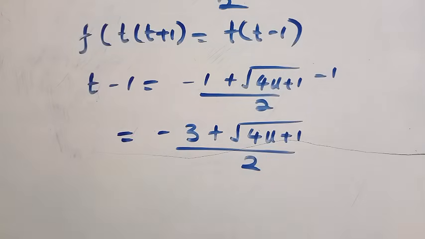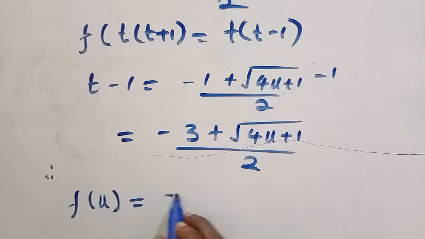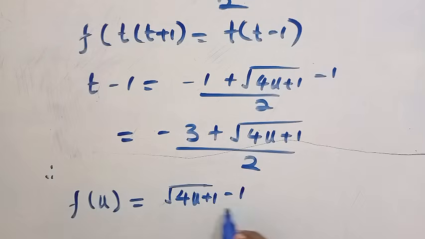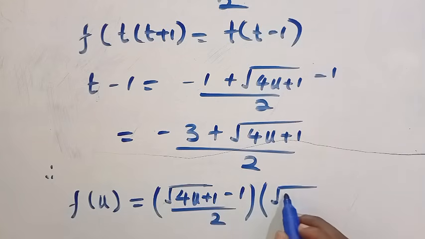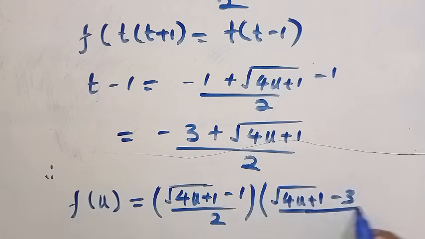By bringing all this together, we then have f of u equals, substituting in t bracket t minus 1, with t equal to square root of 4u plus 1 minus 1 divided by 2. This is multiplying t minus 1, that is square root of 4u plus 1 minus 3, divided by 2.